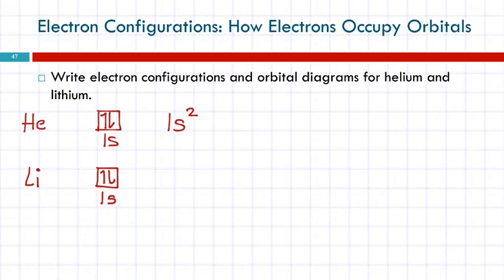Second electron bunks in with him but sleeps upside down. Third electron, you can only have 2 people per bed. You can't stay in that room. He's going to have to go to the next room on the next floor, right? So on the second floor, there's an S room with 1 bed in it. And so he's going to go up there and sleep in that bed.